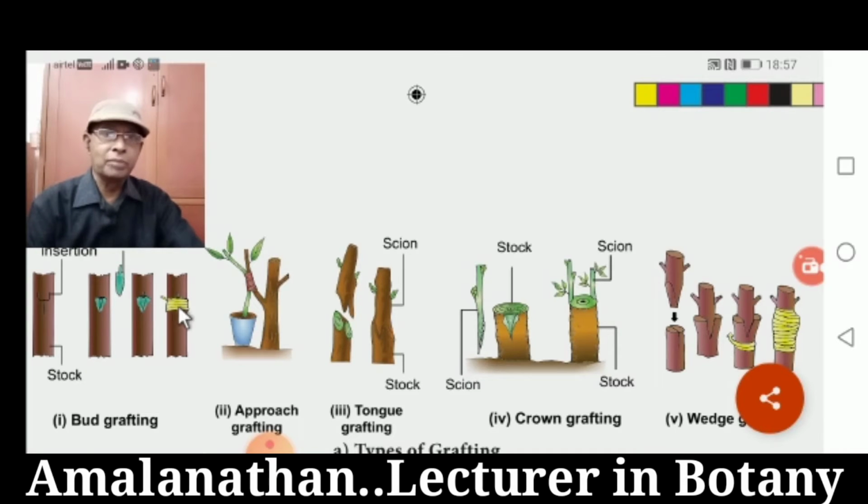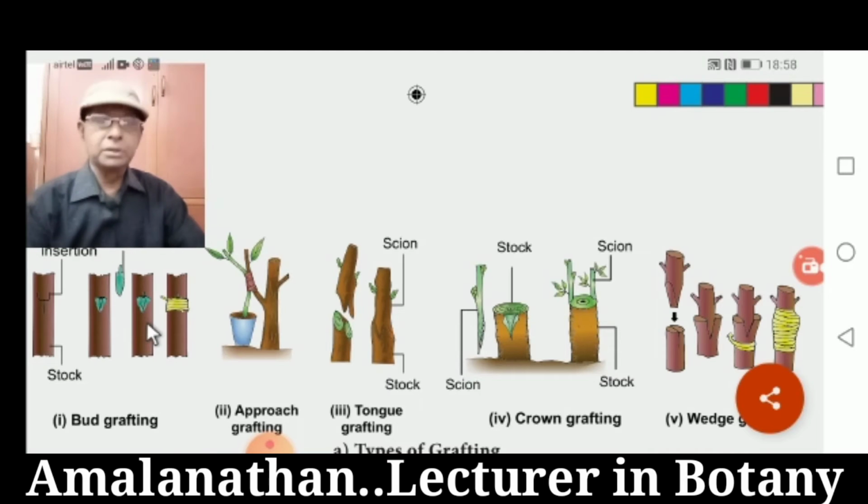This part is bandaged properly with a tape, so the bud grows into a new plant. This is the method of bud grafting. Here, the bud is used as a scion, bud scion.